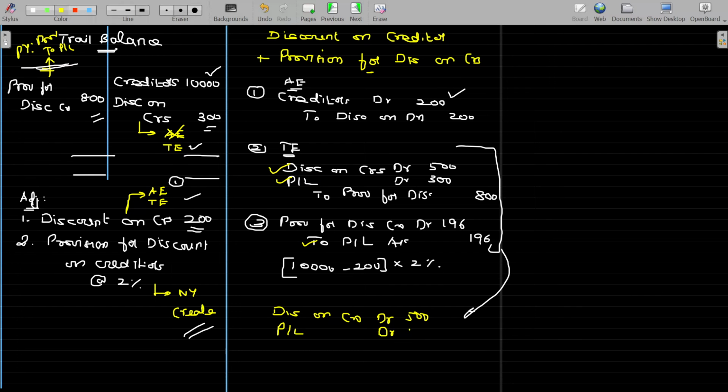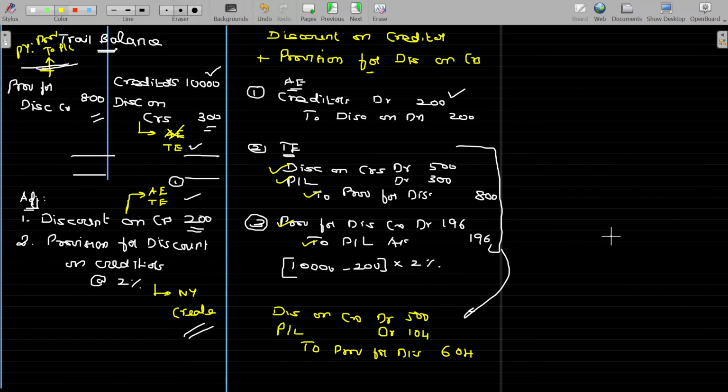P&L account debit side 104. Am I right? Provision for discount on creditors 800 credit, 196 debit, leads to provision for discount on creditors in the credit side being 604. This way also you can pass.